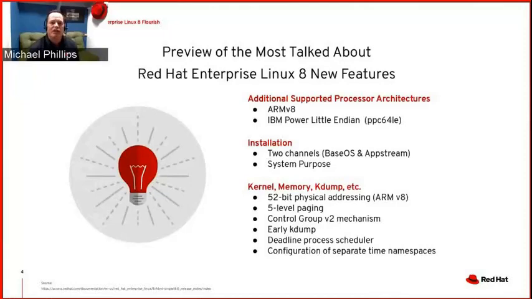Installation, right? So installation is a little bit different. I mean, pretty darn similar when you look at if you were to go through a manual installation of Red Hat Enterprise Linux 8 versus Red Hat Enterprise Linux 7. But there is a distinction, right? We have two different channels now for software. The BaseOS channel provides the core set of operating system functionality.